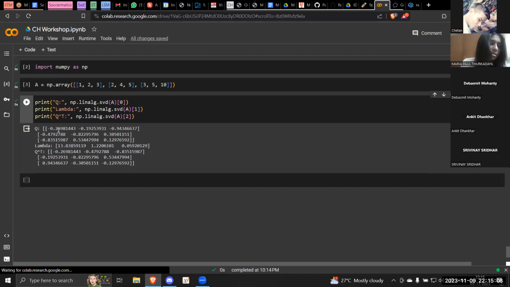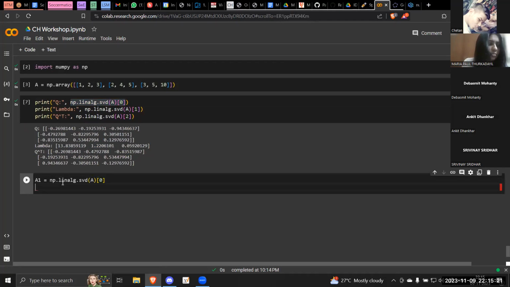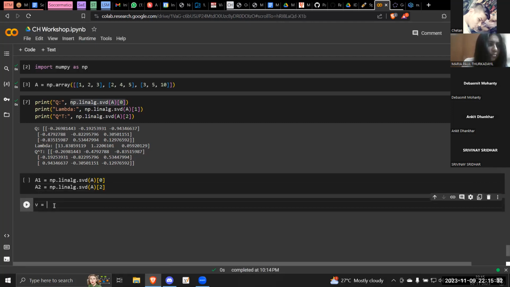So let's do one thing. If I take A1 to be Q, and A2 as Q transpose, and then I take a random vector, np dot array of 1, 2, 5.